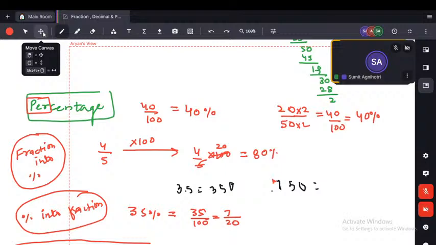Now, if I ask you to convert 2/3 as percent, you simply multiply 2 here, you will get 66.66, or 66 and 2/3. Very good. Now come to some other values, like 1/4.